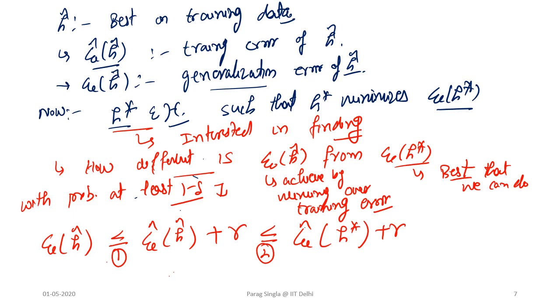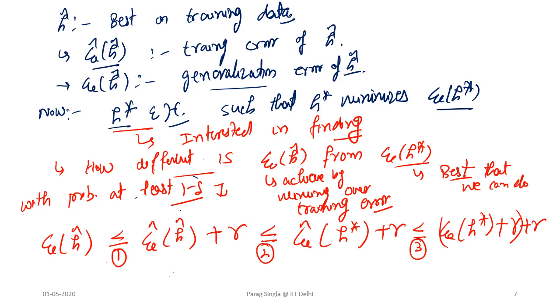And as some of you might have guessed, in the next inequality we will take this training error of H star to the space of generalization errors, and write that this is less than or equal to the generalization error of H star plus gamma plus gamma. And this is inequality number 3. And why does this hold?